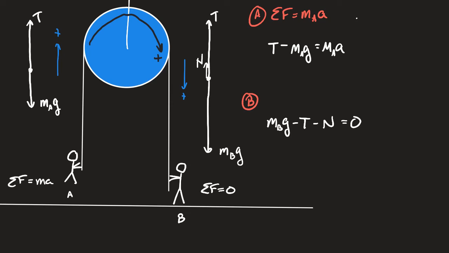Now look, the tension in the rope is comprised of two contributing factors. Solve A for the tension. There are two things that contribute to the tension in the rope: how heavy person A is, duh, they're hanging there, and how fast they accelerate up the rope. Now, they decide how much tension's in the rope. If they accelerate quickly, they add more tension to the rope.